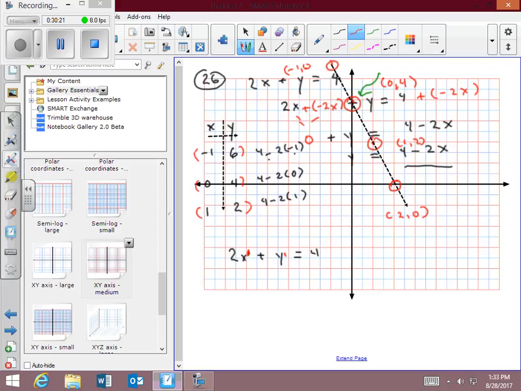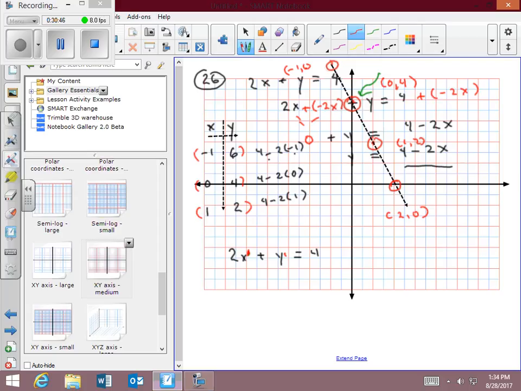How about a vertical line? Does it have x-intercepts? Now think about it. A vertical line has an x-intercept. Does every vertical line have a y-intercept? Just look at all of them lines that are going straight up and down. Only one, and that's the one that's on the y-axis, right?